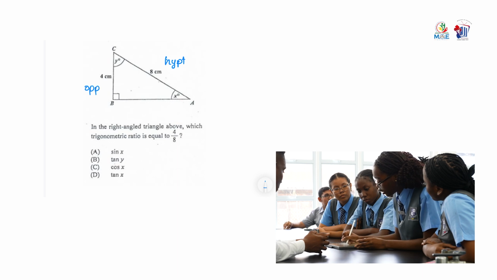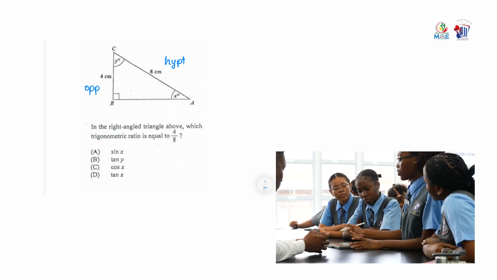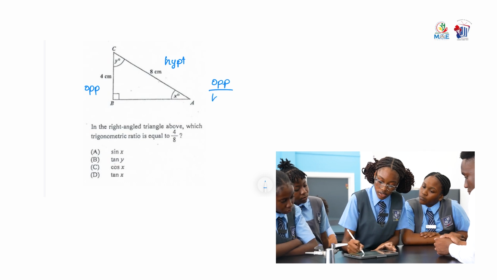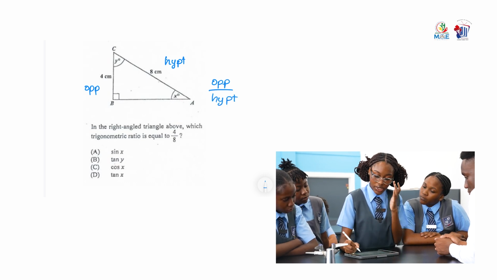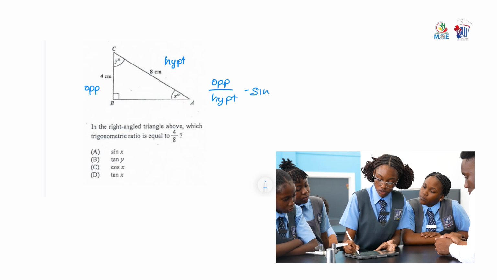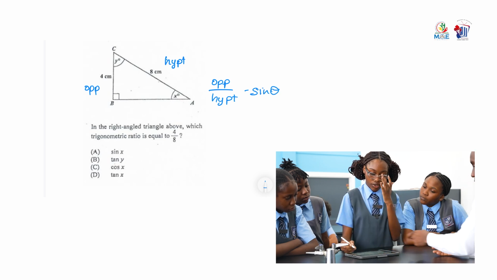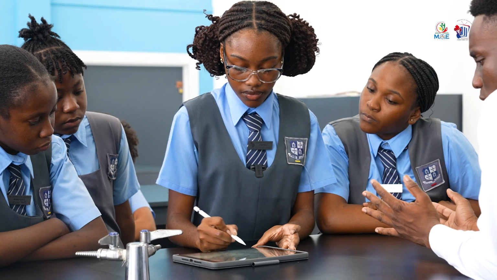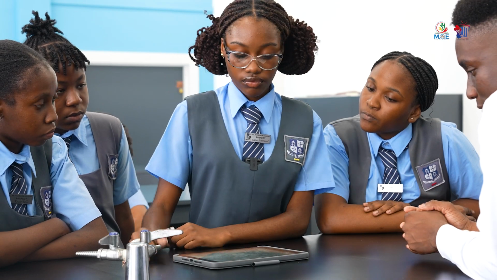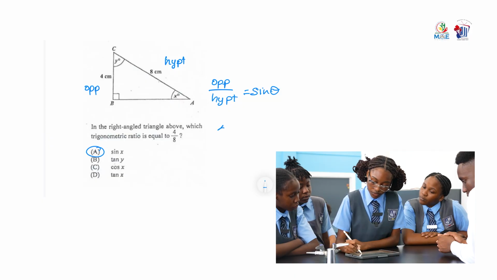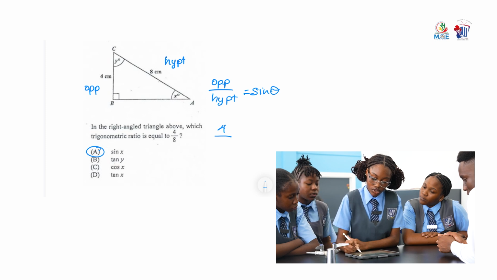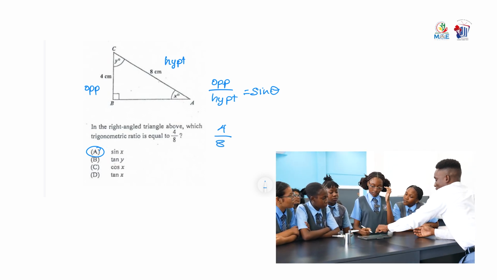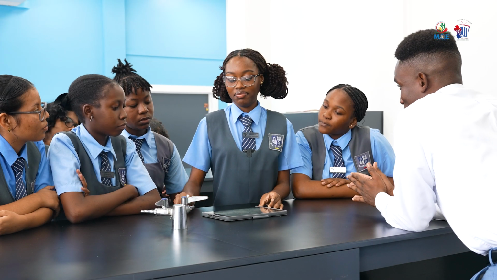The trigonometric ratio that includes both of these, opposite over hypotenuse, is the sine ratio. So the answer would be A. The opposite is 4 over the hypotenuse, which is 8. So the sine ratio equals sine x, since x is the angle we're using. All right, very good.